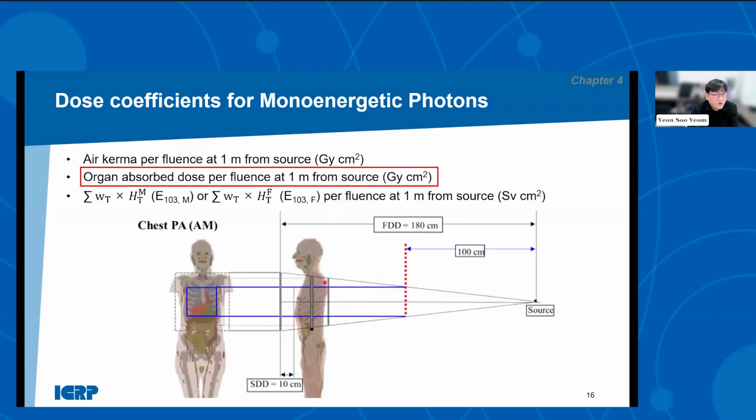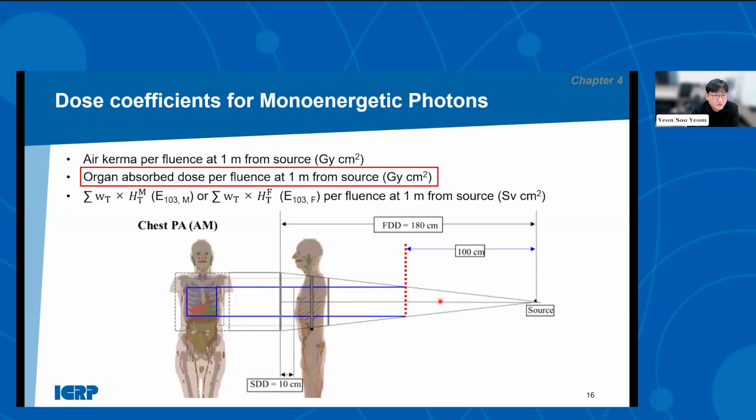And the second one is organ absorbed dose for fluence at 1 meter from the source. These organ dose coefficients were calculated by irradiating the phantom with monoenergetic photons in the defined beam field, as explained by Dawn, in Monte Carlo simulation.